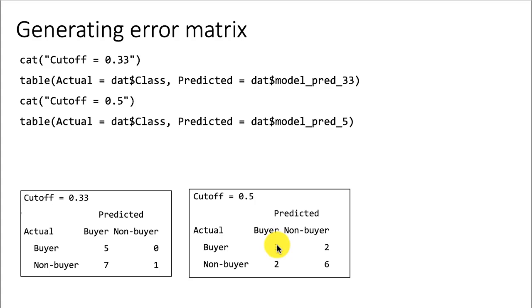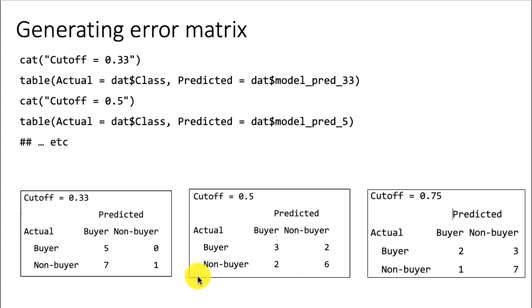Their probability was lower than 0.5, so they are being classified as non-buyers. Similarly, more non-buyers are being classified as non-buyers, because the cutoff is now slightly higher. So people who were earlier being classified as buyers are now being classified as non-buyers. Similarly, you do it for 0.75 as well, and you see the same result.